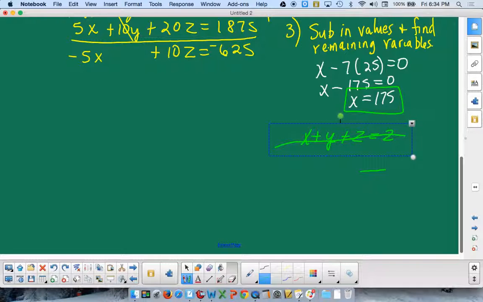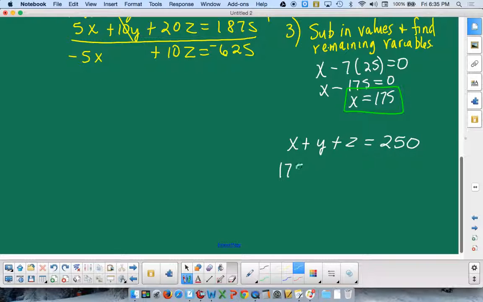Let's not do that. That'll mess this up. So I'm using x plus y plus z equals 250. I already know X is 175, and I know Z is 25. I believe 175 and 25 add up to 200, so if I subtract 200 to the other side, I find out that Y is 50.